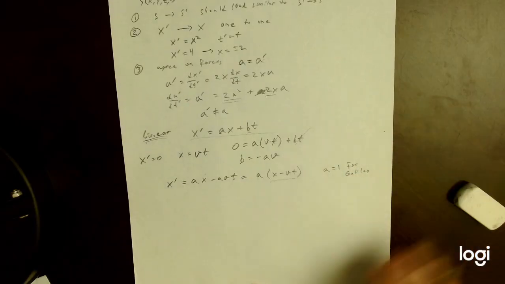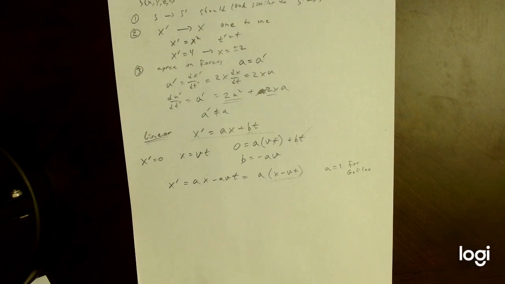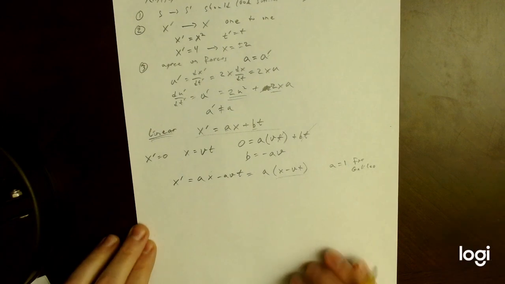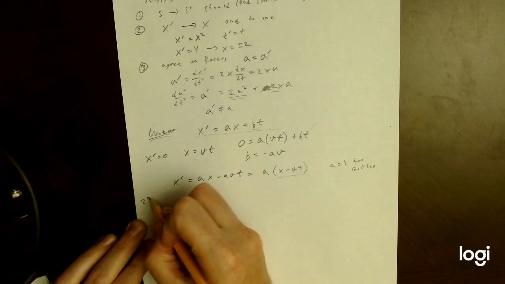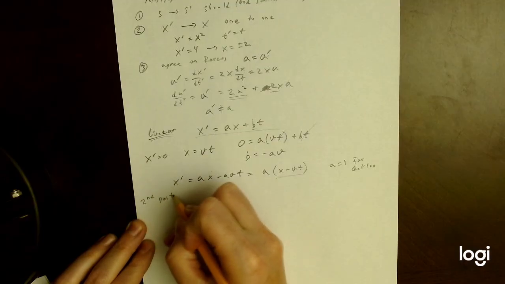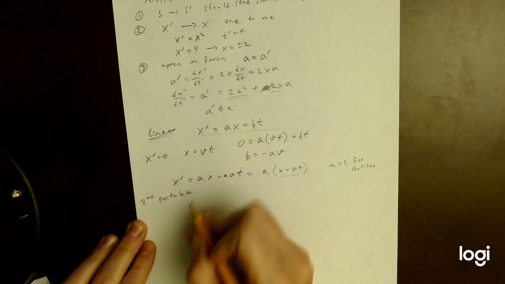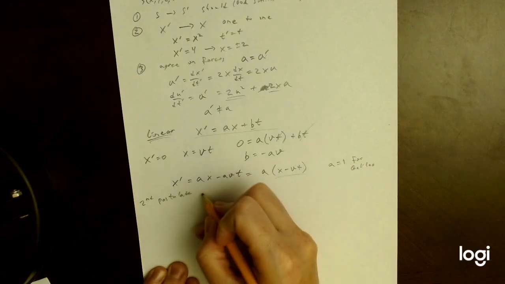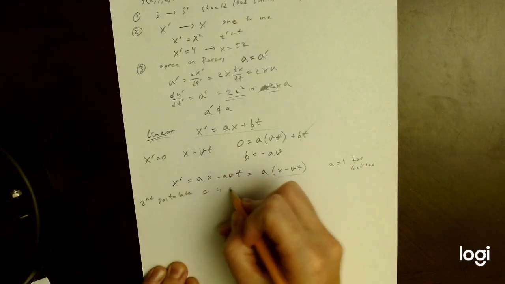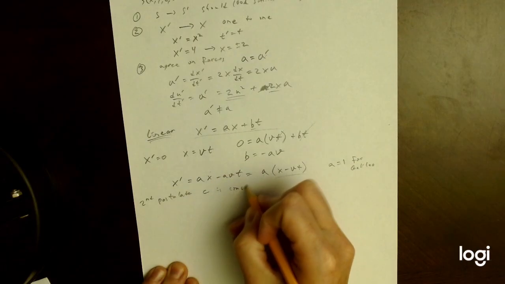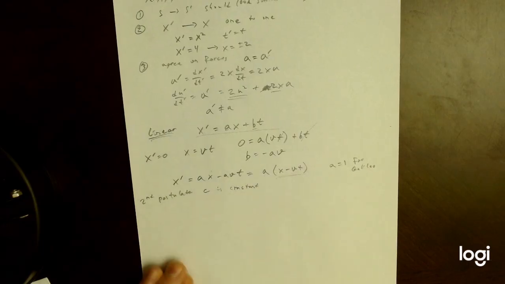But we'll try to do this a little bit more carefully now using Einstein's second postulate, that c is constant in all frames. All observers see light move at a constant rate.